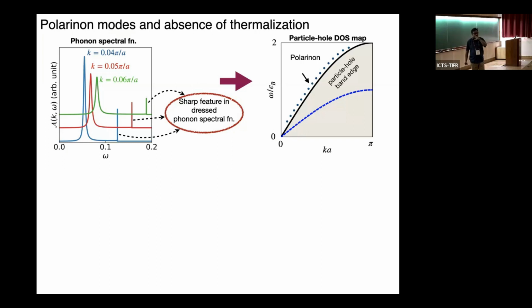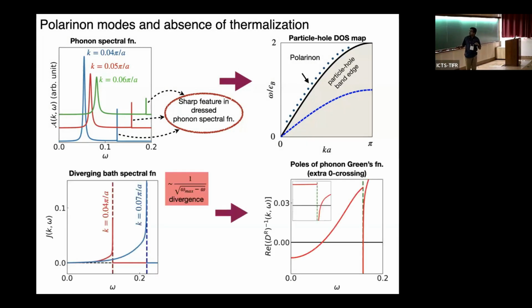So if I make the fermionic bath infinite or very large bandwidth, the weight in these modes will go down, become tiny. It will be finite, but tiny. And in that limit of the bandwidth hitting infinity, it will go to 0. So that's how you will reconcile. Yeah, so here was the answer, I guess.